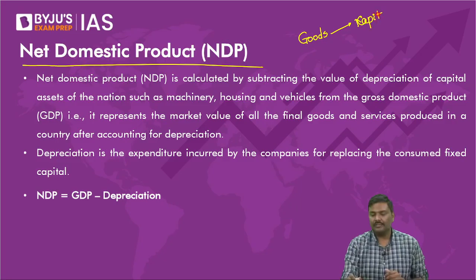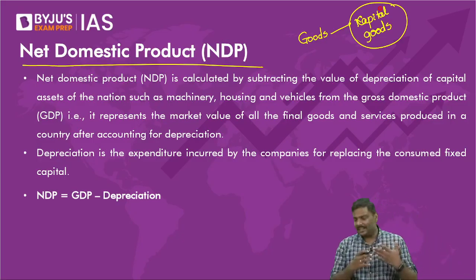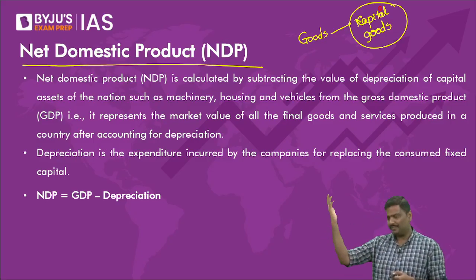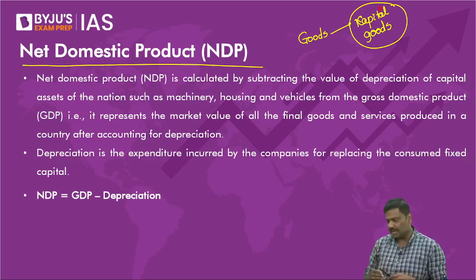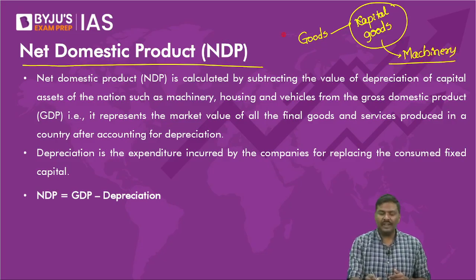All of you will agree? There are goods which are referred to as capital goods. I hope you remember this. What is a capital good? Anything that is produced by us which will be used for production, for the supply of goods and services in the market. For example, machinery. Very simple example, machinery. This is point number one.